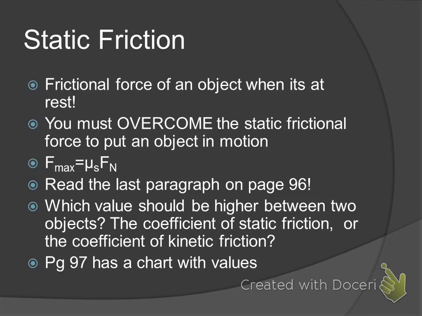Okay, so if you look on page 97, table 4-2 has this table of coefficients of friction, and you can compare these two coefficients. The first column is static friction, the second column is coefficient of kinetic friction, and you'll notice that static is always larger. Some of them get very, very near frictionless, which gives us a very, very small margin of difference.